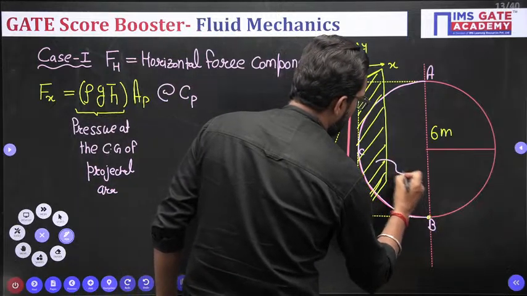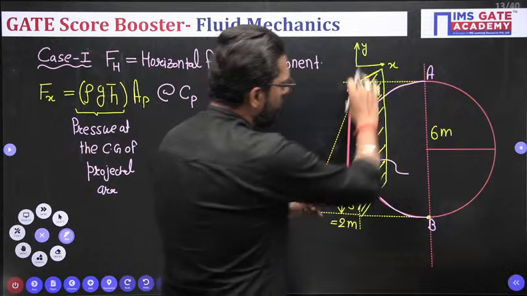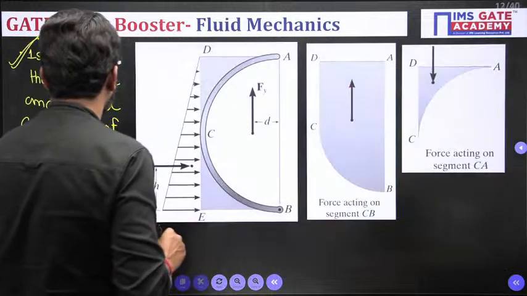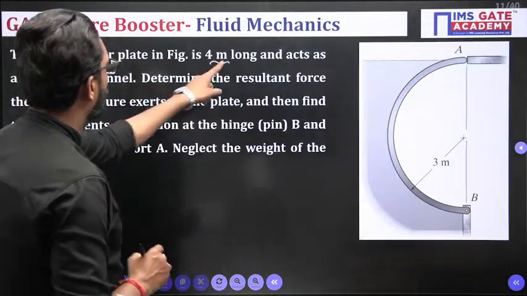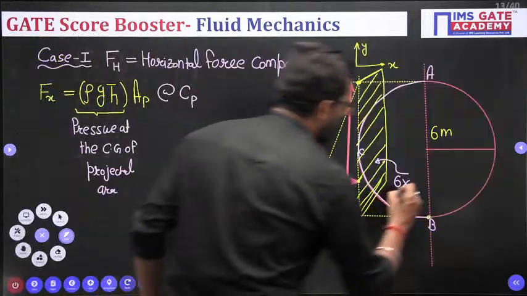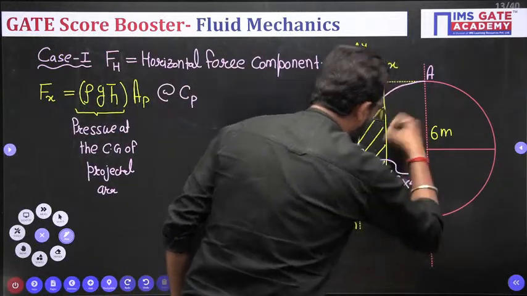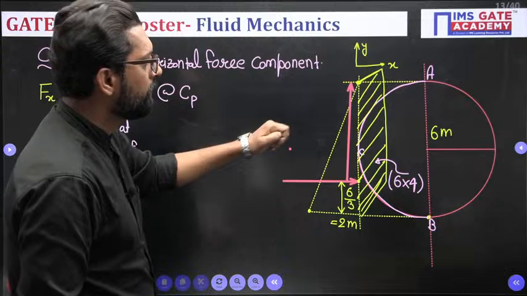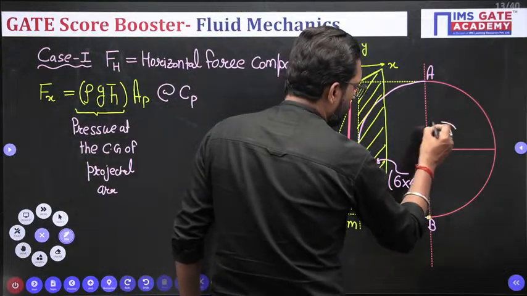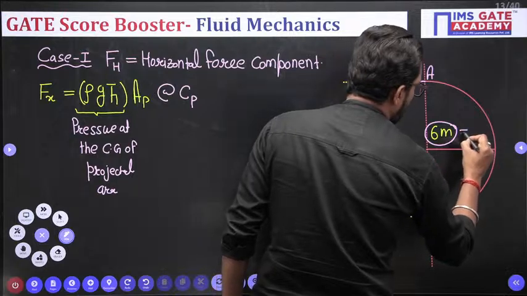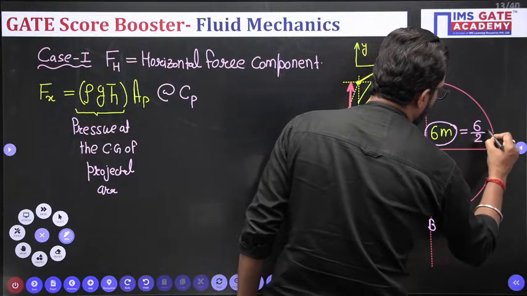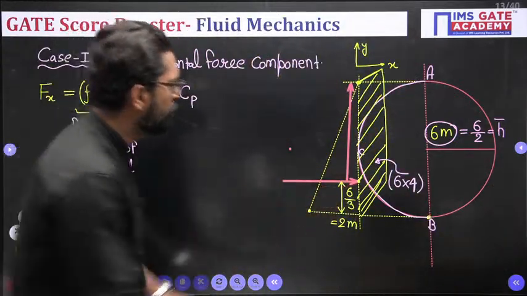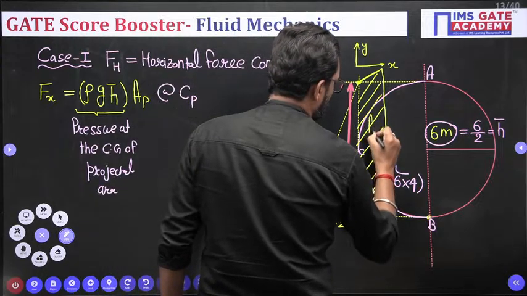The height is 6, and the width, they say, is 4 meter long, so 6 cross 4. This is your projected area. And what is h bar? For the rectangle, h bar is 6 by 2, the CG of this rectangle. So this is our projected area.